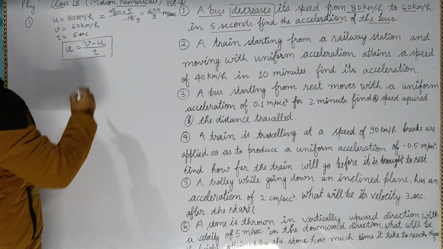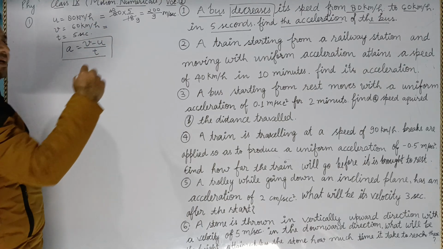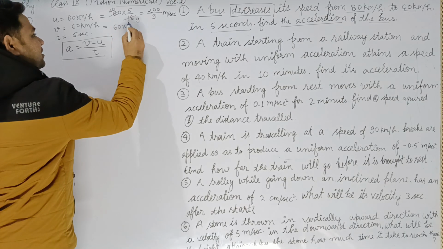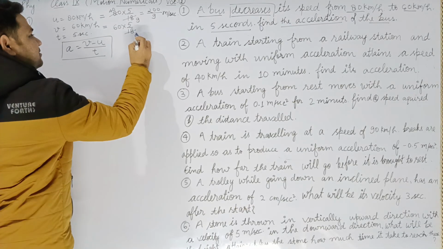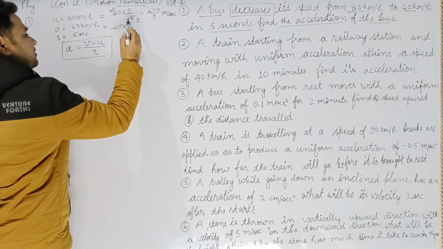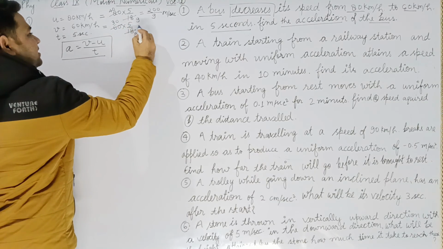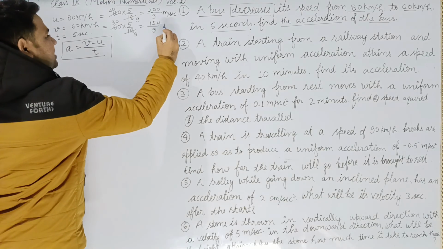In the same way, we convert 60 km/h into meter per second. We simply multiply by 5 upon 18 and find the result. That will be 150 upon 9 meter per second.